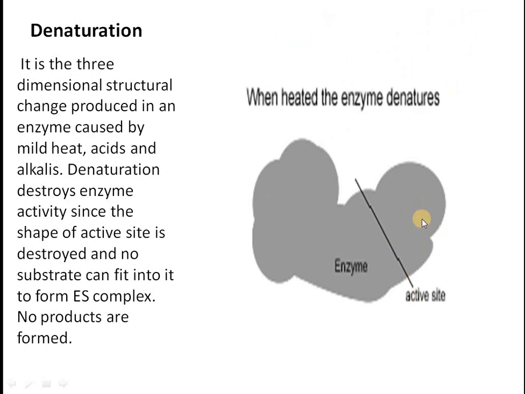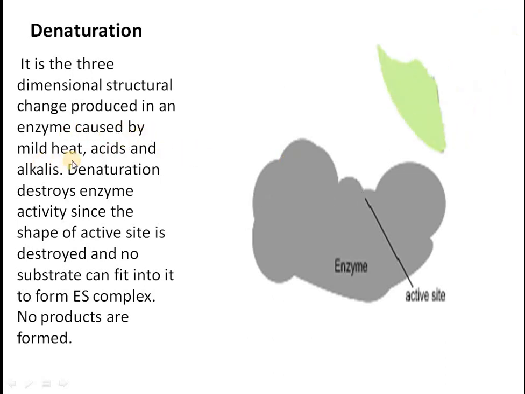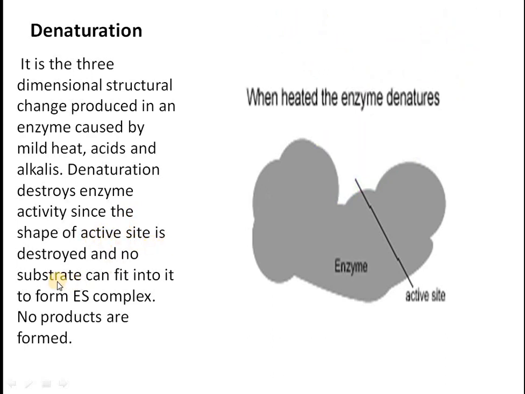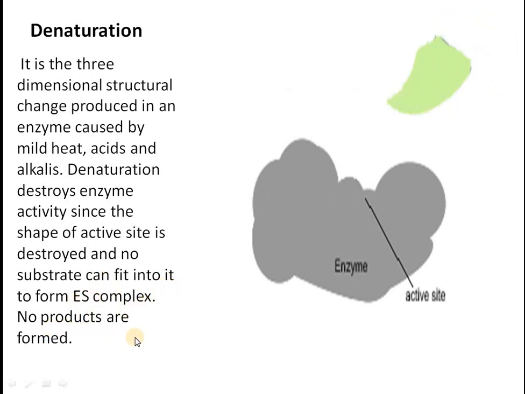It's actually a three-dimensional structural change in the enzyme caused by mild heat, acids and alkalis. Denaturation destroys the activity of enzyme by destroying the shape of the active site. Hence, no substrate can fit into the active site, no ES complex is formed, and no product is formed.